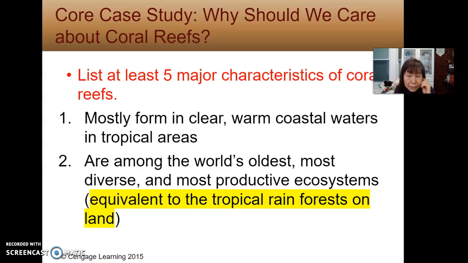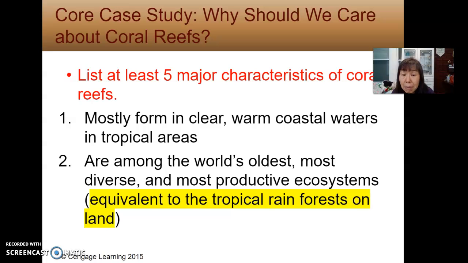One of the assignments in your Chapter 8 review questions is: what are the 5 major characteristics of coral reefs? Number 1, they mostly form in clear, warm coastal waters in tropical areas.